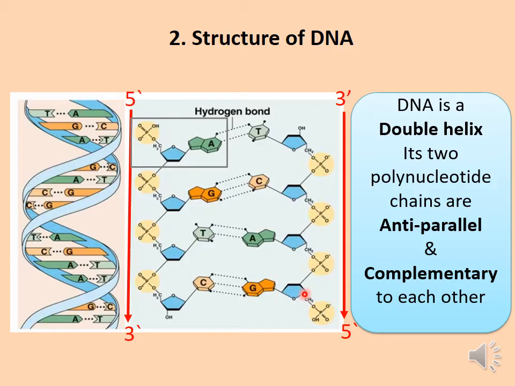By the way, do you know what's meant by 5' and 3'? 5' means the fifth carbon atom of the sugar molecule is not engaged in a phosphodiester bond. That means it's free. And 3' means the third carbon atom of the sugar molecule is not engaged in a phosphodiester bond and it's free.